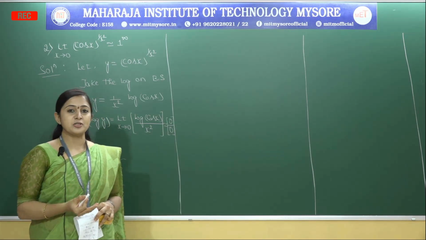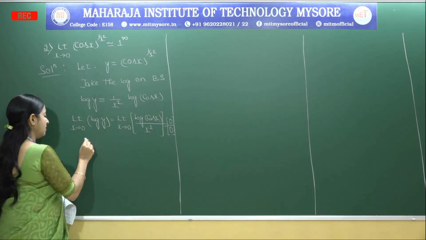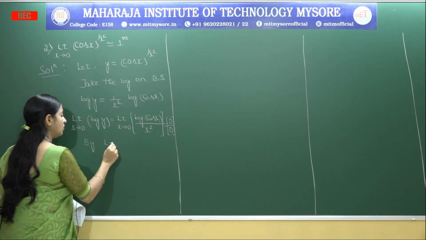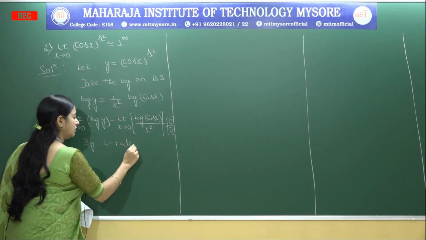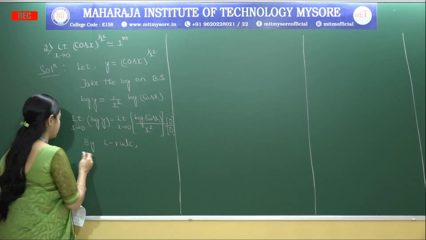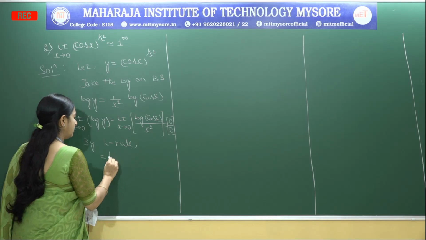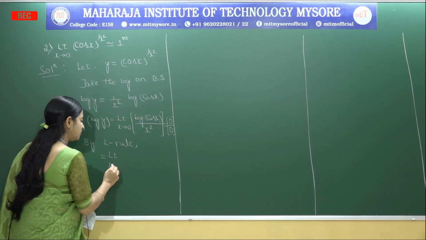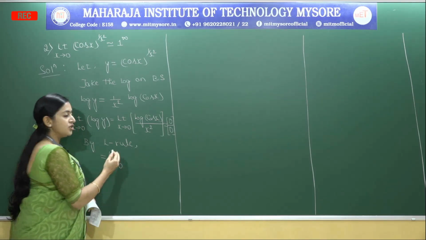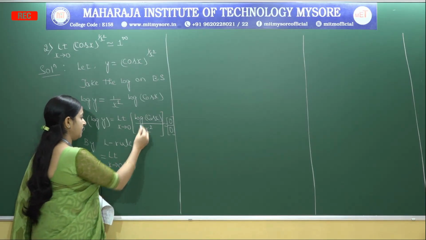Then you can apply the L'Hospital rule, or simply the L rule. The L'Hospital rule means you have to differentiate the numerator and denominator separately.